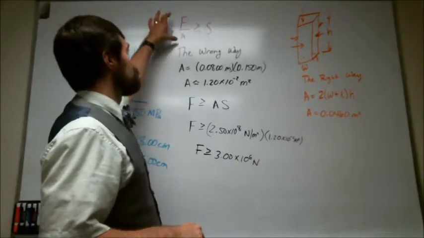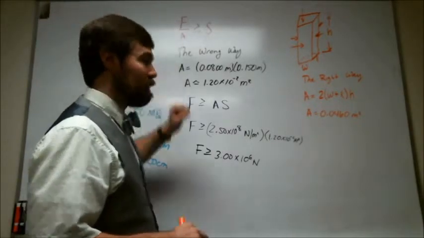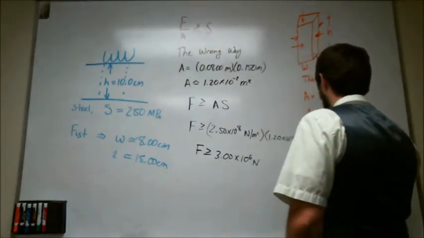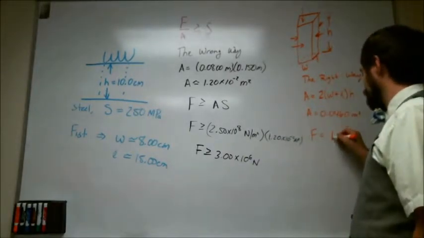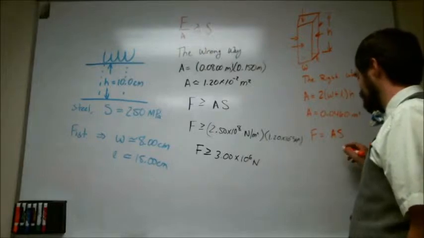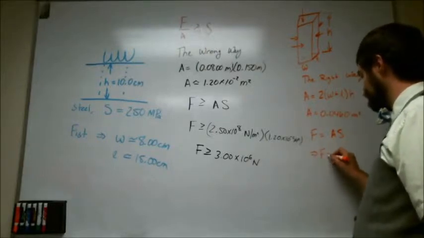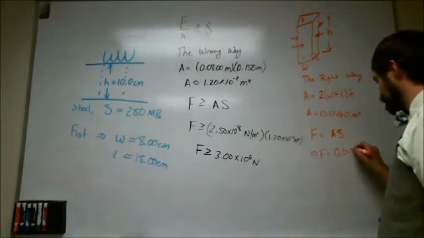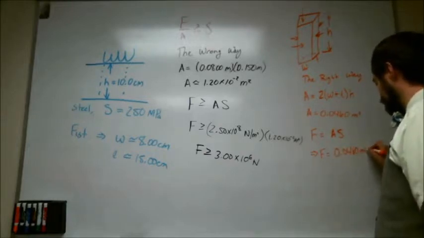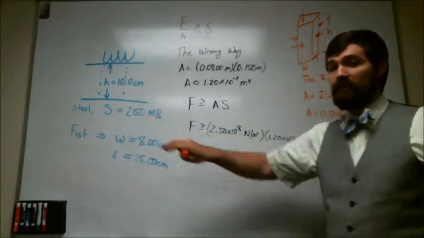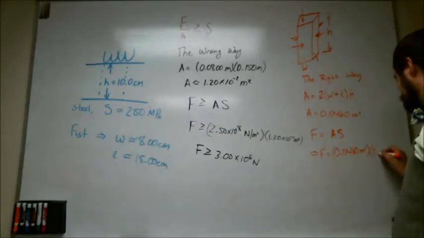Now we can use this equation, because this equation is actually right. Now we use force is equal to area times strength, which tells us that force is equal to 0.046 meters squared times the 250 megapascals.